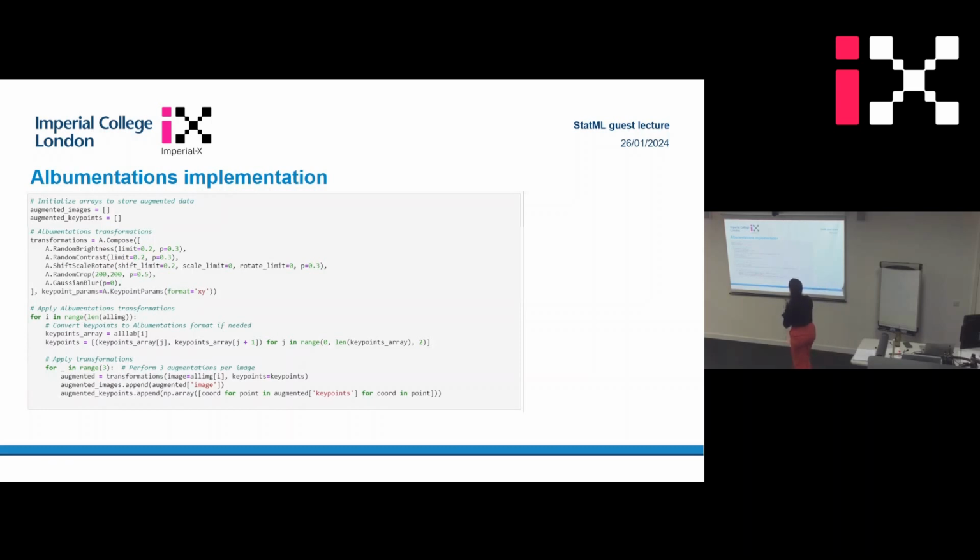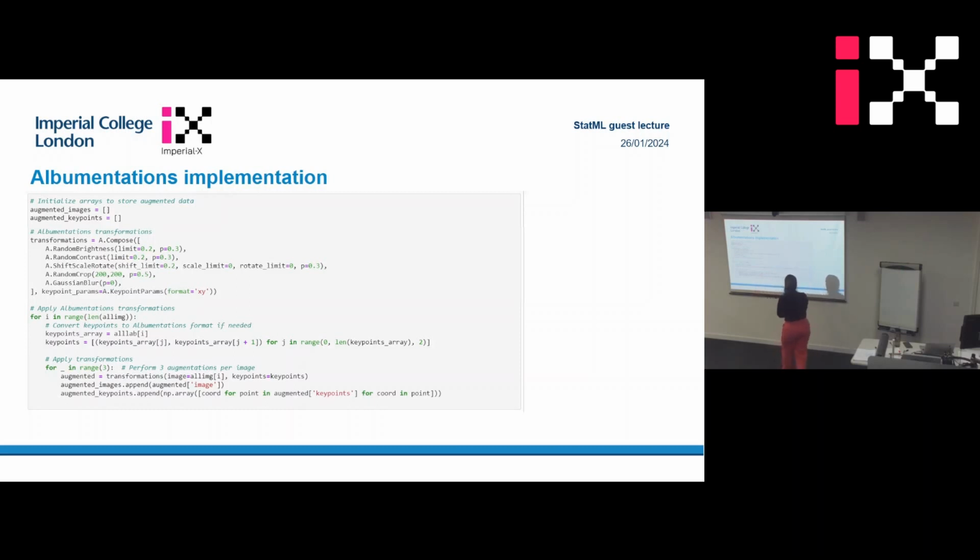Another important thing, which I haven't talked about, is the key point parameters. The way I labeled my images is with the X, Y coordinates of each of the pipette tips. So I need to feed this into the augmentation transformation so that the transformation itself keeps track of where the tips are in the new image.